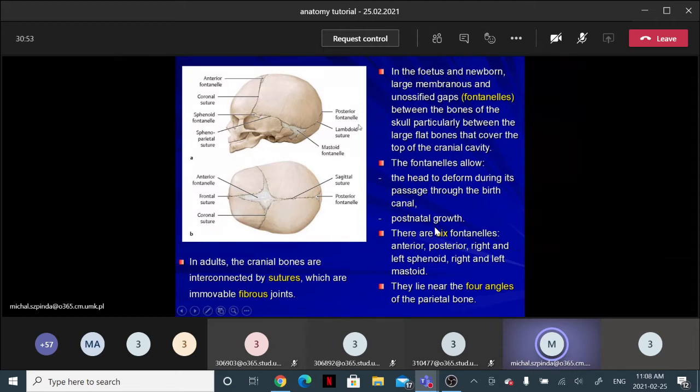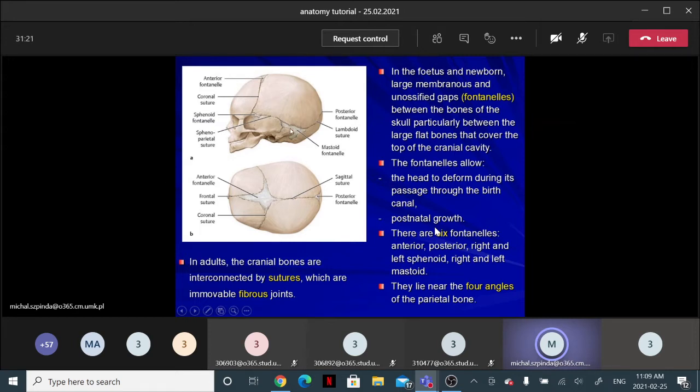So which fontanelles are smallest? The posterior and the sphenoid fontanelle. Posterior is occipital and this is sphenoidal. So posterior, occipital and sphenoidal fontanelles are closed by month 4.